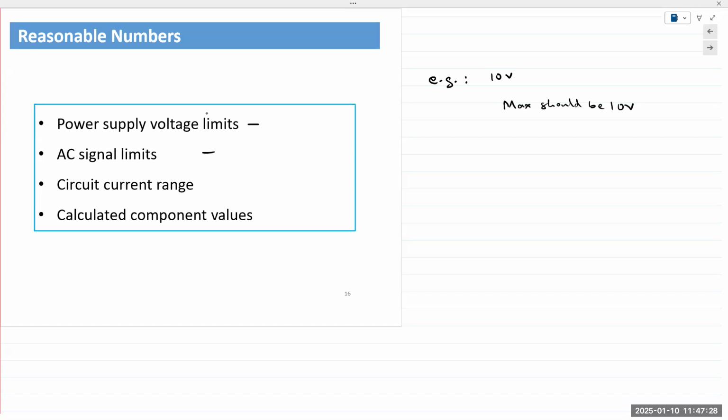An oscillator, where you have energy exchange taking place between a capacitor and an inductor, like a second order circuit or a higher order circuit, it is possible to obtain voltages that are larger than the supplied voltage. But again, we are not talking about any of those in this class. Calculated component values, all of those, again, keep a lookout for what seems reasonable. And as we go along with some examples, it'll start making more sense.